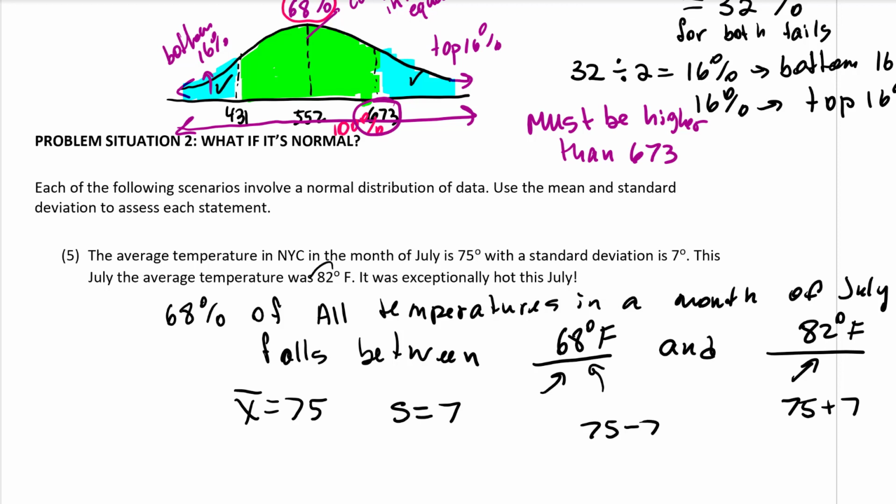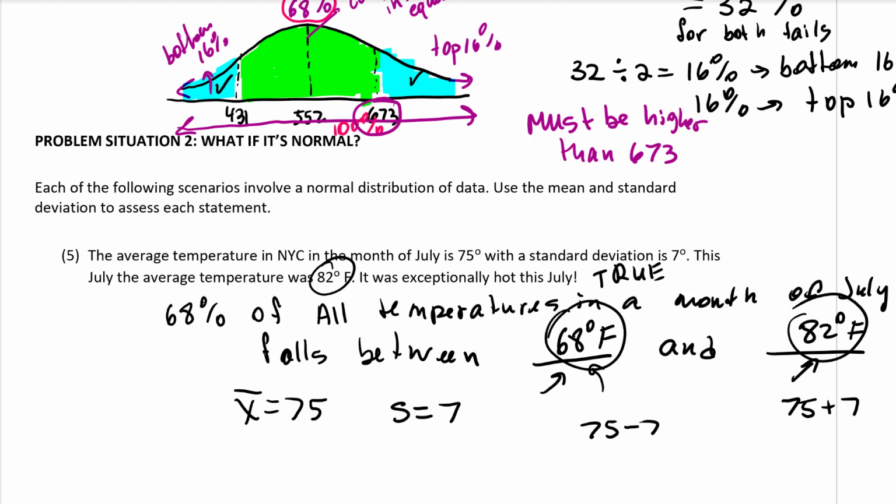So if the average temperature was 82 for the whole month, then that means that most of the time the temperature was around 82. This is very unlikely because if you expect the temperature to range between 68 and 82, and then the average ended up being 82, that means that most of the days it was pretty hot. Do you agree? So this will be unlikely. So that statement is definitely true.